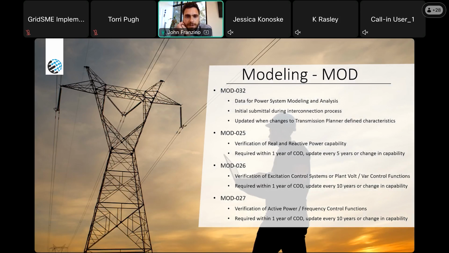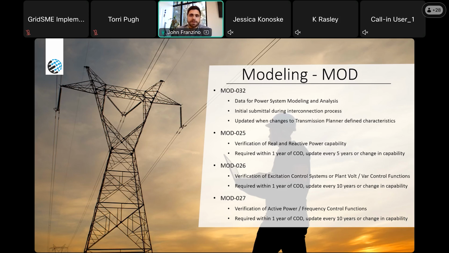And so the whole goal of the modeling family of standards, and you can see there's 4 of them that are applicable to generator owners, is to ensure that the transmission operators, the balancing authorities, and even the RCs have an accurate enough model of how your facility is going to perform under normal operating conditions, as well as when there are system disturbances, because they are modeling their entire system.